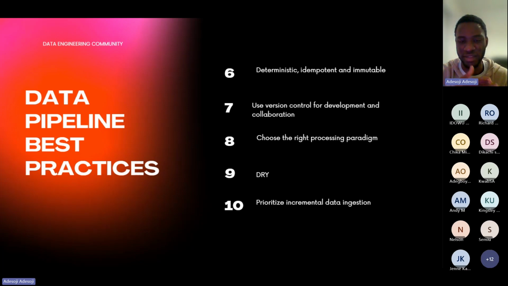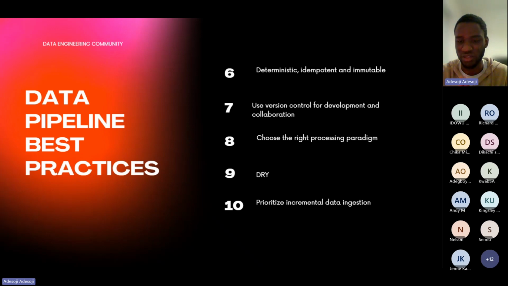You only want to ingest the difference between 1,000 and 1,100, which is 100. This makes your pipeline fast and optimized, and it also reduces cost. You are not computing 1,100 records, you're only computing the incremental load. So use this when it is applicable.